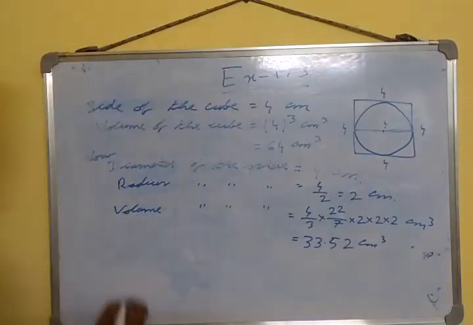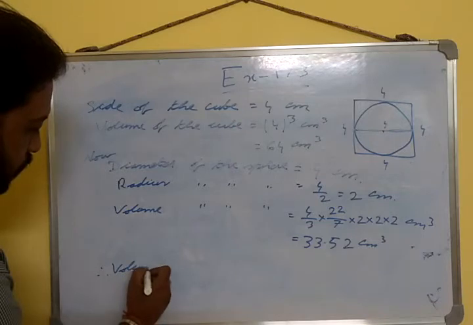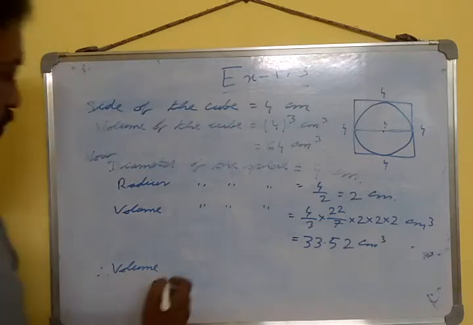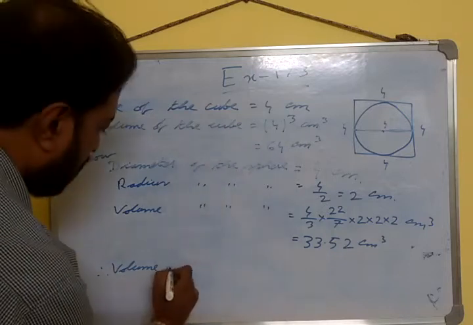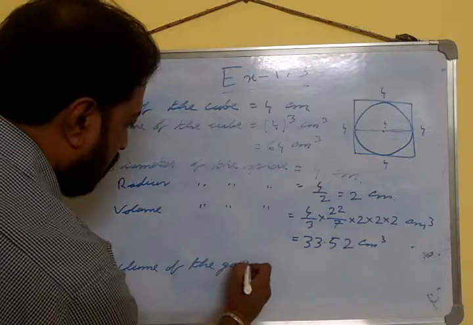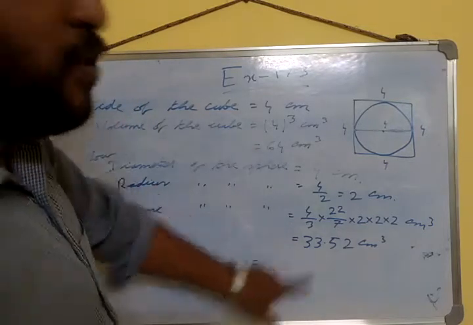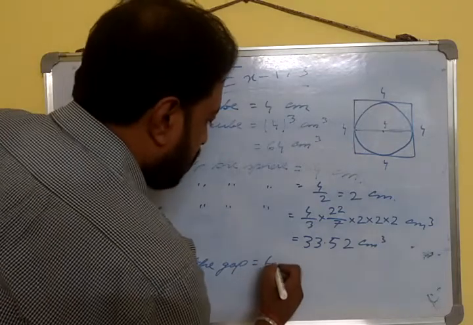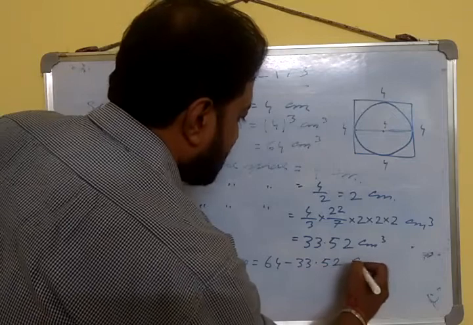So what is the volume of the gap? Therefore, volume of the gap equal to this volume minus this volume. It is 64 minus 33.52 centimeter cube.